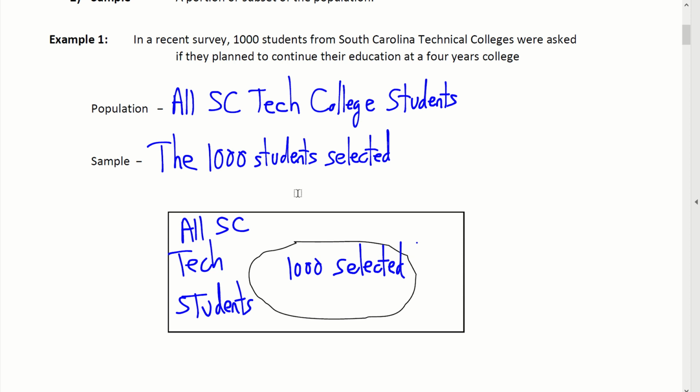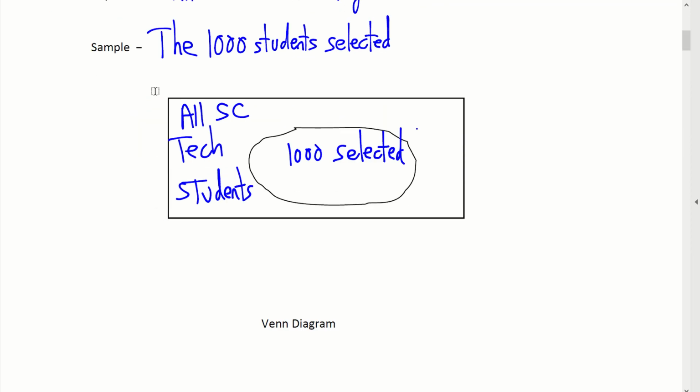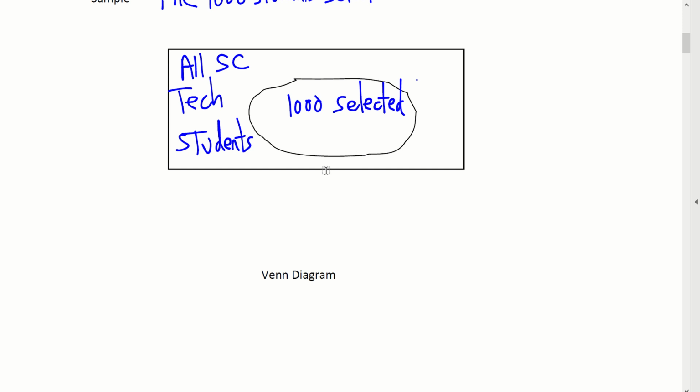We can represent this using what's called a Venn diagram, where the population would be the overall rectangle, and then the samples would be subsets, typically represented using circles, that would be contained within that overall population. We will not be doing a lot with Venn diagrams or set theory in this class, but just know that there are some ways in which you can visually represent populations and subsets.